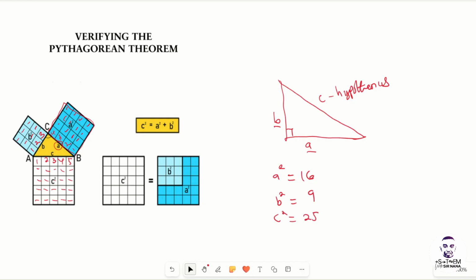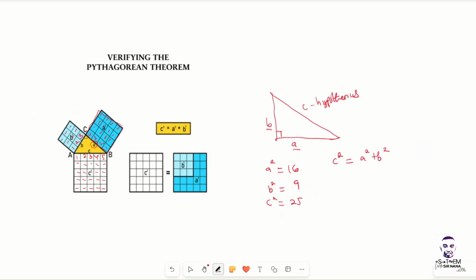So let's look at the Pythagorean theorem and see whether it satisfies what we have just looked at. For the Pythagorean theorem, the square of the longest side, the hypotenuse, C squared, is equal to the sum of the squares of the other sides, A squared plus B squared. Now let's consider the real values. Our C squared is equal to 25.